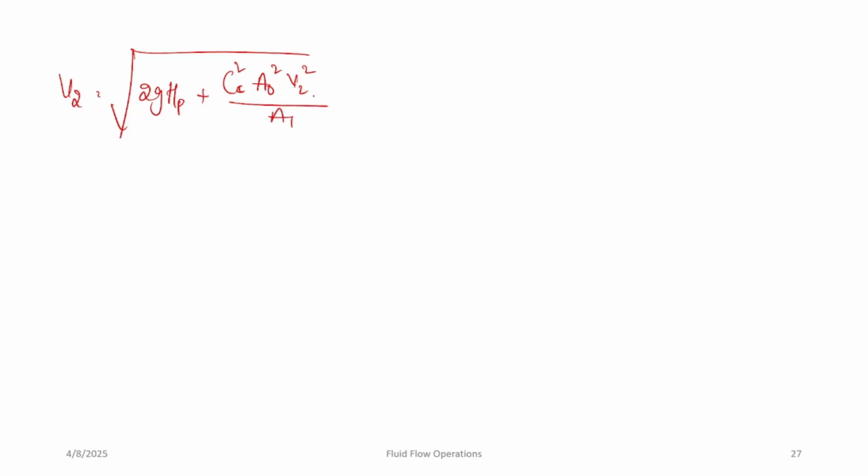Okay, we can also write V2 as square root of 2g HP by square root of 1 minus A naught square by A1 square into CC square. Okay, so the expression is for ideal condition and is known as theoretical discharge.